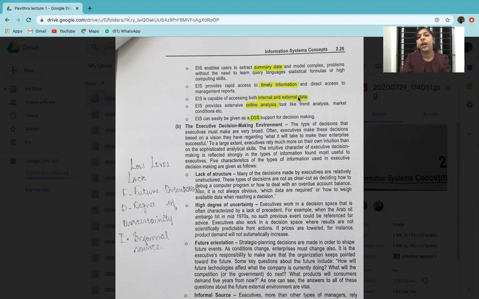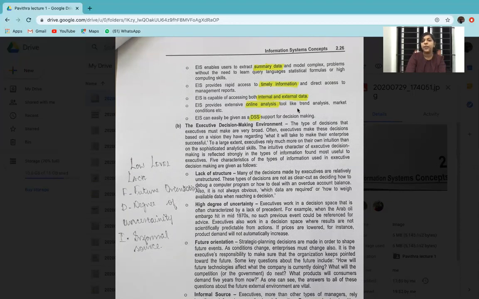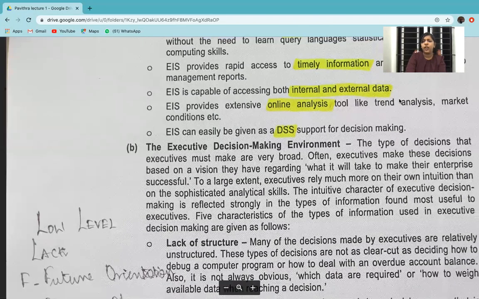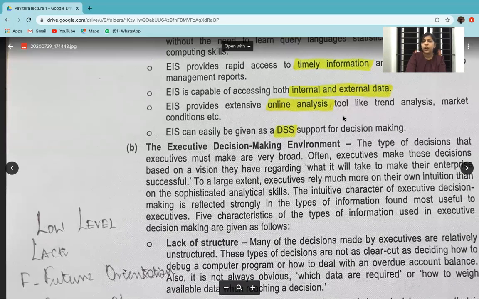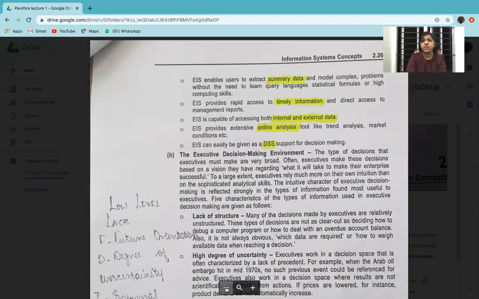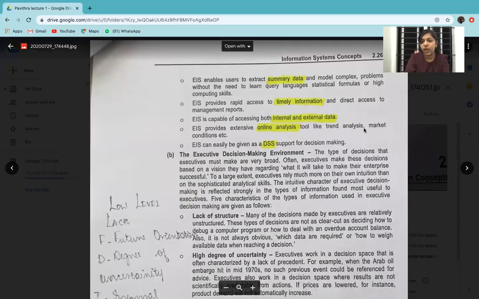So it is capable of accessing both internal and external data, and it also provides online analysis like trend analysis and market conditions, because maybe they're going into an M&A or something like that, or to expand their market. So it provides an extensive online analysis for trend and market conditions.